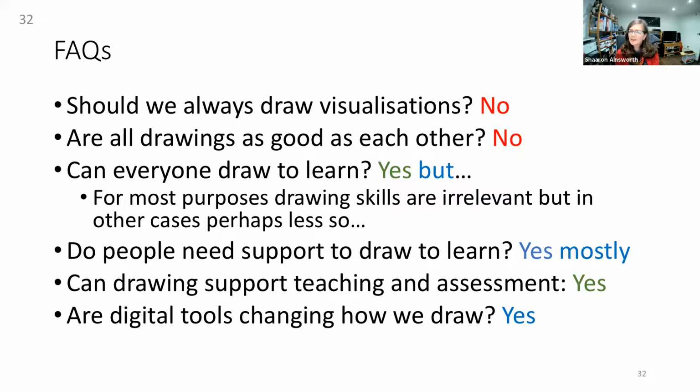That might mean that drawing skills could become important in a very few certain set of circumstances. In medical school, people often take a drawing skills course to help them in their anatomy, I have found. Do people need support to draw to learn?